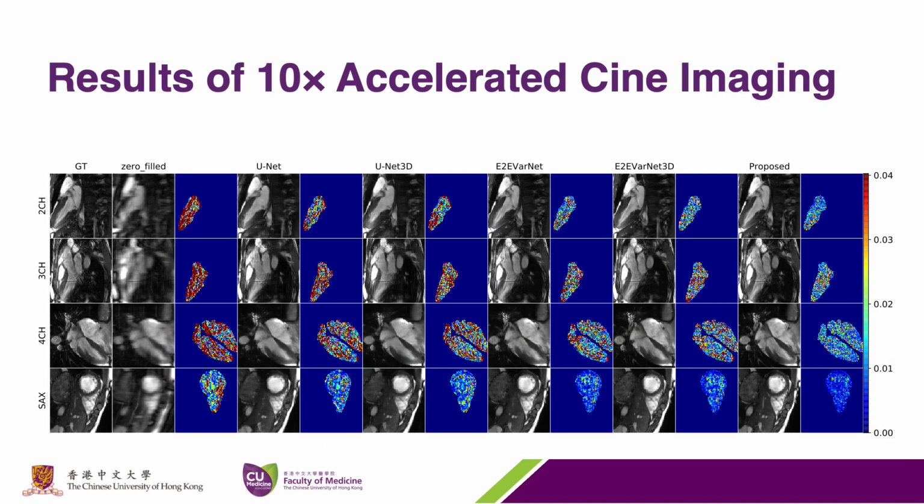The results of the 10 times accelerated Cine illustrate the faithful reconstructions produced by our method across all views in comparison to other methods. The error maps within the myocardium and the chambers consistently highlight the superior accuracy of our method in rapid Cine reconstruction.